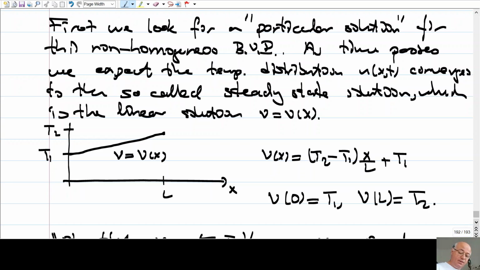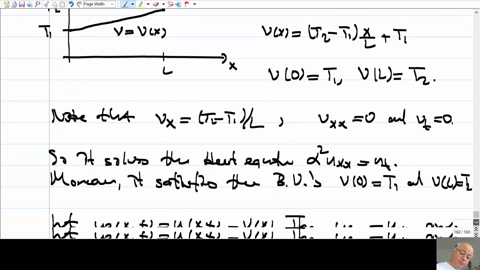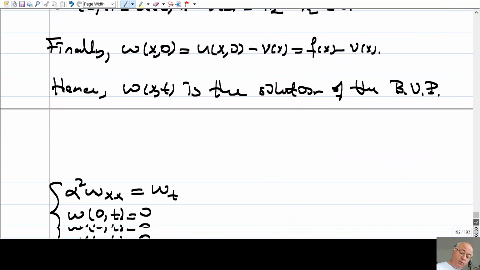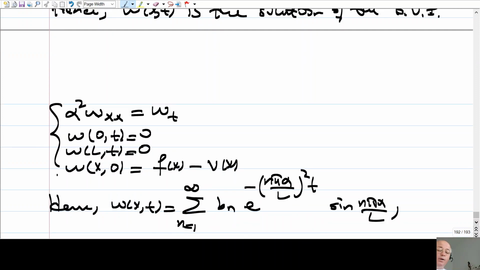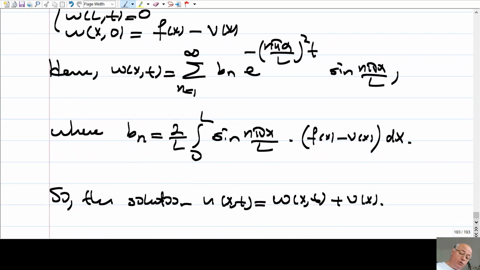The steady state solution. And then you solve this problem, which is a homogeneous equation. We know how to solve this. Here is the solution. All you have to do is compute these integrals where your initial temperature distribution f is replaced by f minus the steady state solution. Once you compute these b_n, you compute w, and then you add your steady state to w and obtain the solution of your original problem.